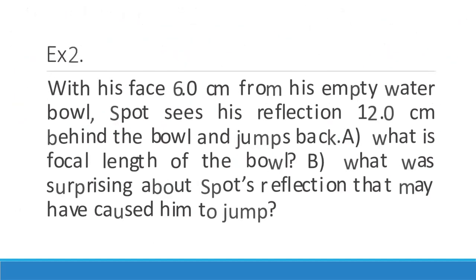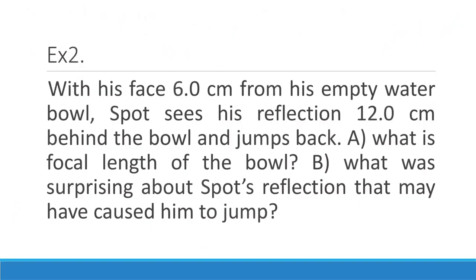Number 2. With his face 6 centimeters from his empty water bowl, Spot sees his reflection 12 centimeters behind the bowl and jumps back. What is the focal length of the bowl? What was surprising about Spot's reflection that caused him to jump?